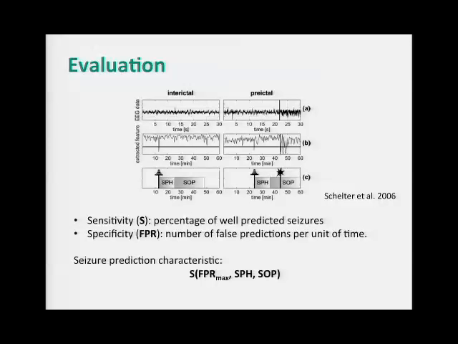For seizure prediction, it has been defined as the number of false predictions per unit of time. In other fields, specificity was defined more with the formal definition of the contingency matrix, with one of the fields being false predictions.